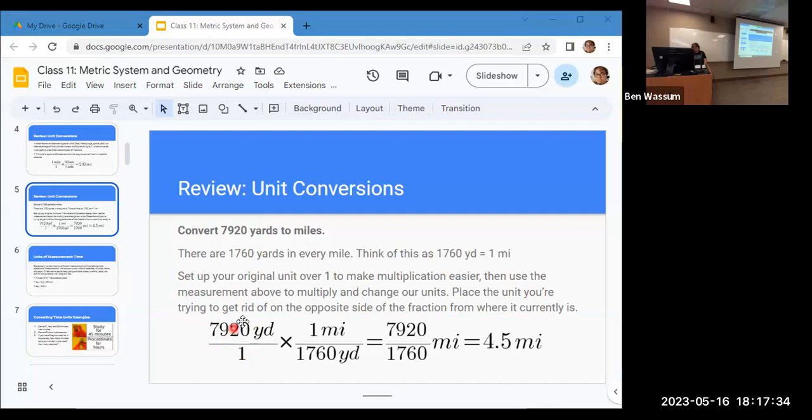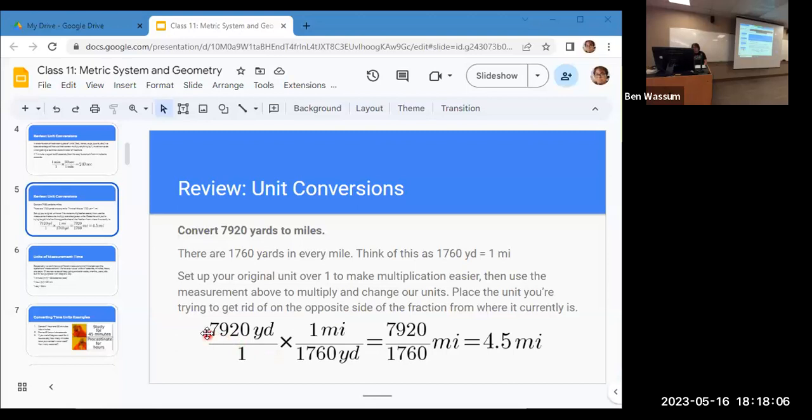So we set it up the same way as the last one, but we're trying to get from yards to miles. Since we have something that converts from yards to miles, we're going to set it up over here. Yards has to be on the bottom in order to cancel out from the top over here. And then miles go on top. You just put whatever numbers are next to that unit in the conversion factor. So 1 mile is 1,760 yards.